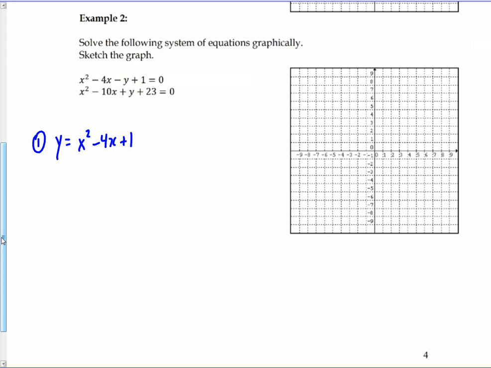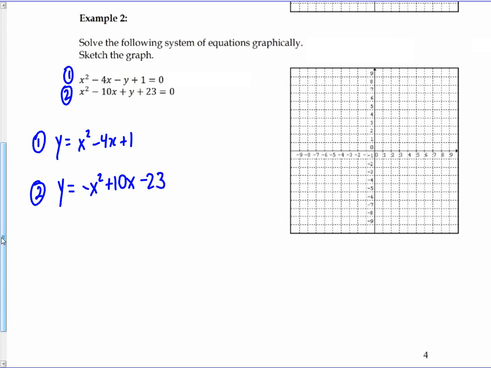And for equation 2, what do we do to get y by itself? Y stays positive, we just move everybody else. Y equals negative x squared plus 10x minus 23.